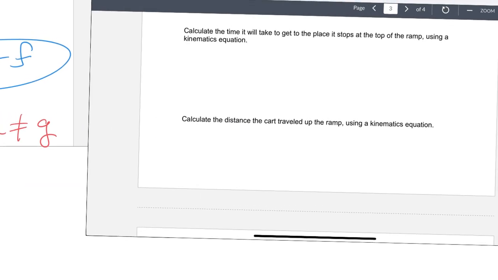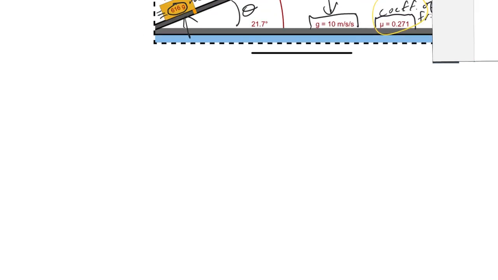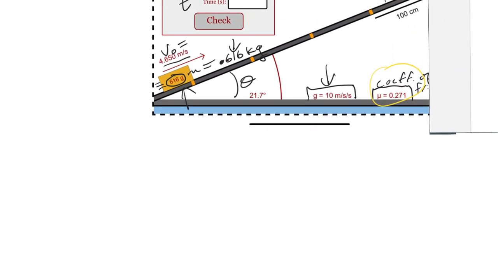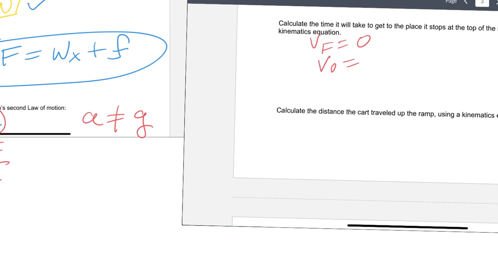Calculate the time it takes to get to the top. So Vf is 0. Vo is given. For me, it was 4.65 meters per second.